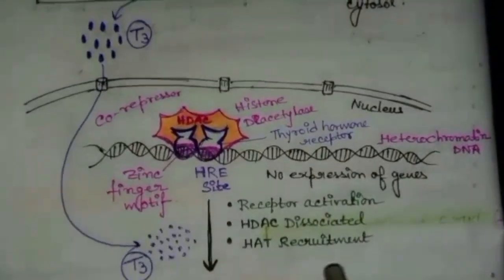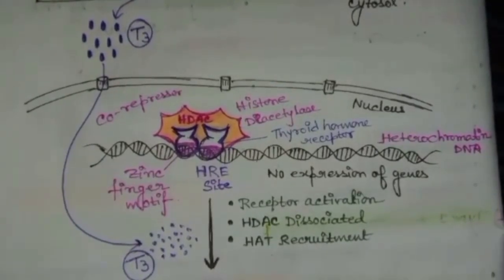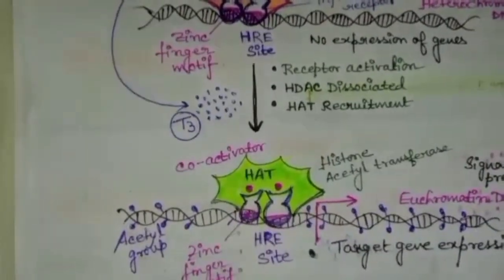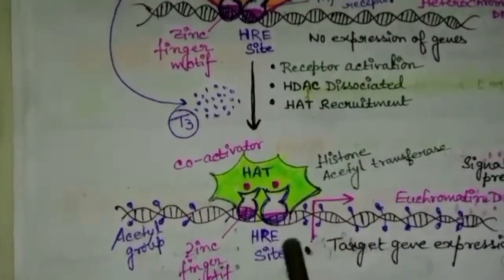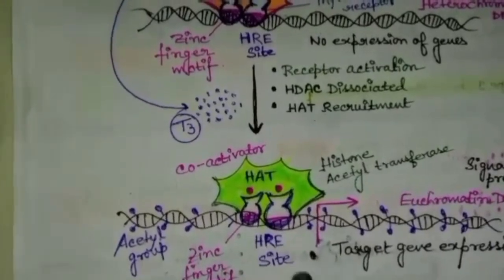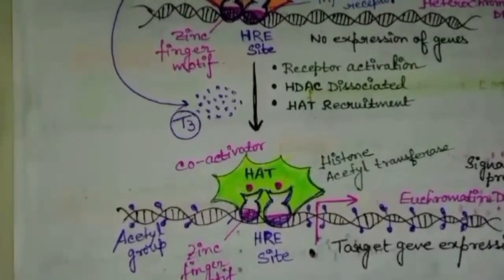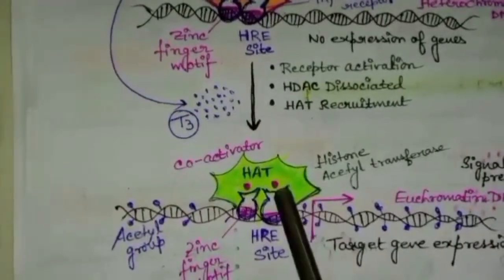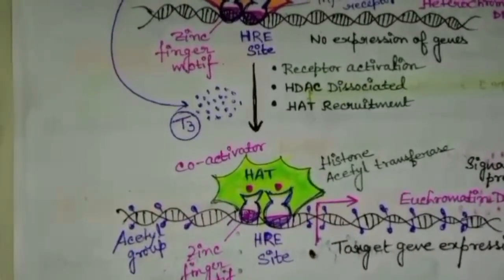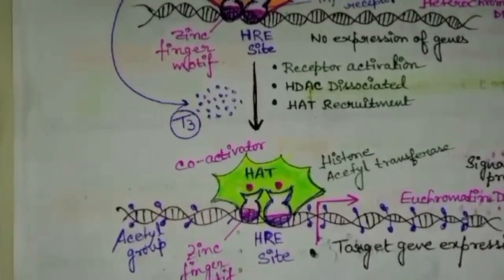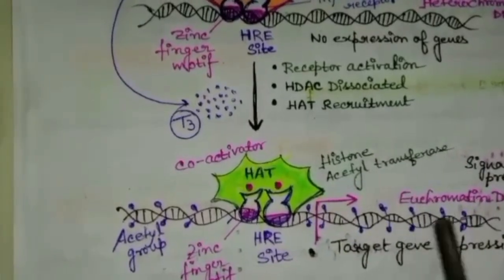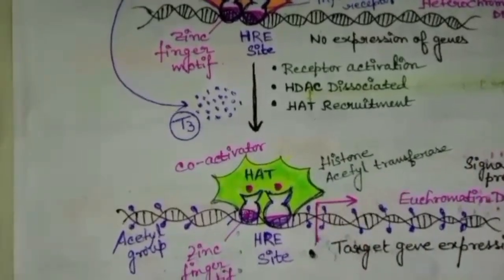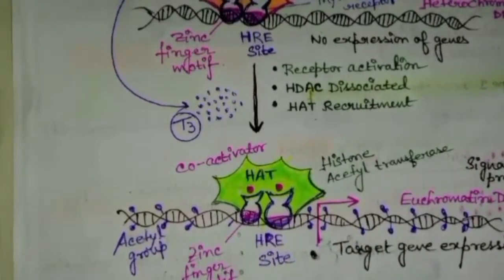But when HAT is recruited, it is a co-activator that activates the receptor, and at the hormone response element site the receptor binds with DNA. This HAT, histone acetyltransferase, activates the receptor, and target gene expression occurs. The DNA is euchromatin, the signal is present here, and the target gene is expressed.